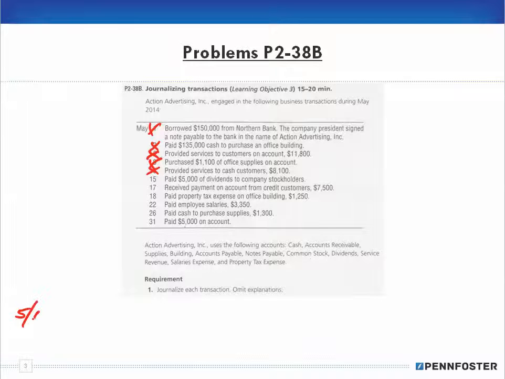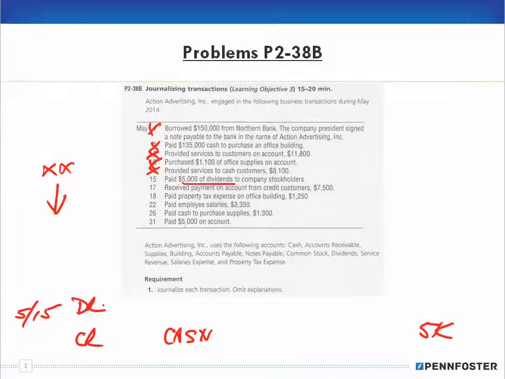May 15th, paid 5,000 of dividends to company stockholders. So am I affecting cash? Yes. My cash is decreasing because I'm paying out $5,000. If cash is an asset, and I decrease my assets on the credit side, I credit my cash for 5,000.